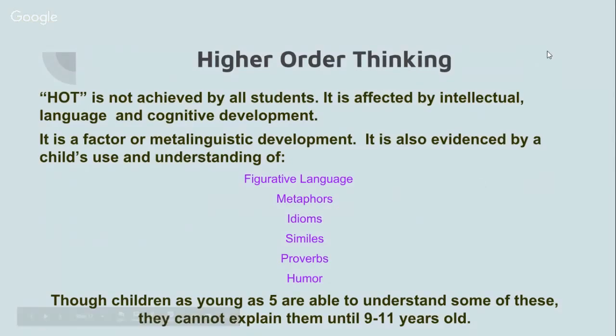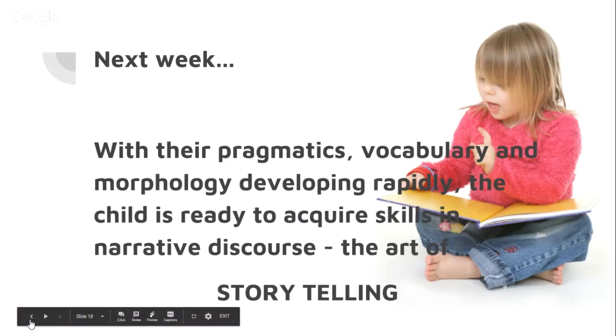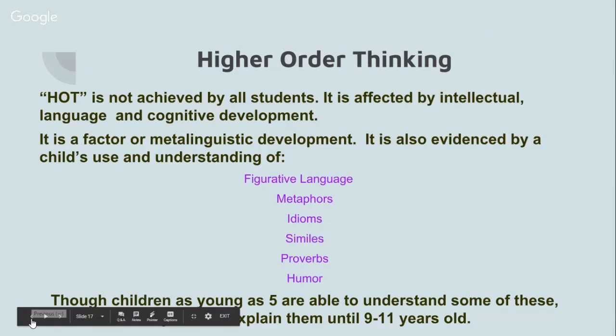Higher order thinking, whoops, I missed that there. Higher order thinking is an intellectual, cognitive, language impacted feature of learning. Not all children will be capable of the same level of higher order thinking. It is a factor of metalinguistic development. It's the ability to think about thinking, to think about talking, to talk about talking.